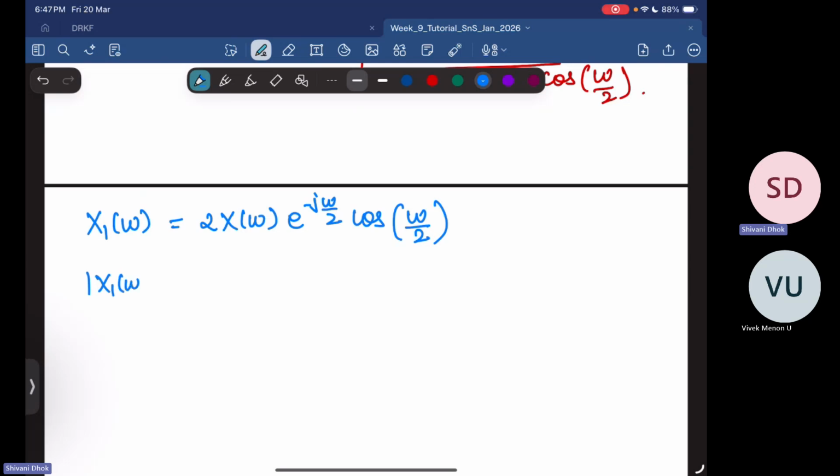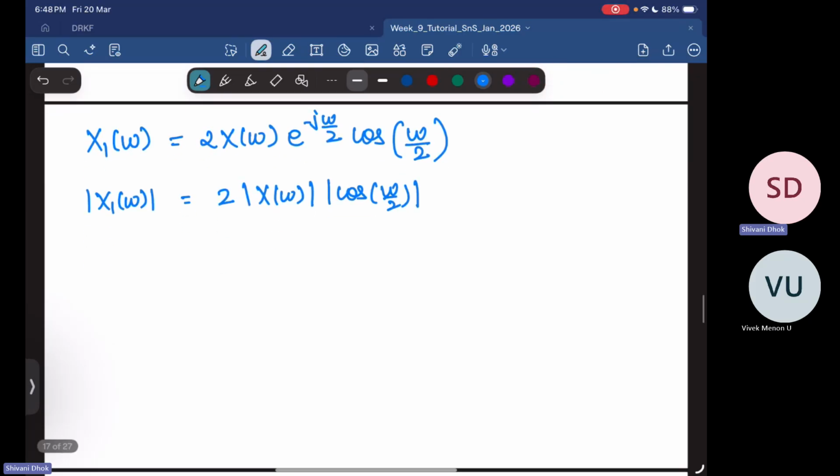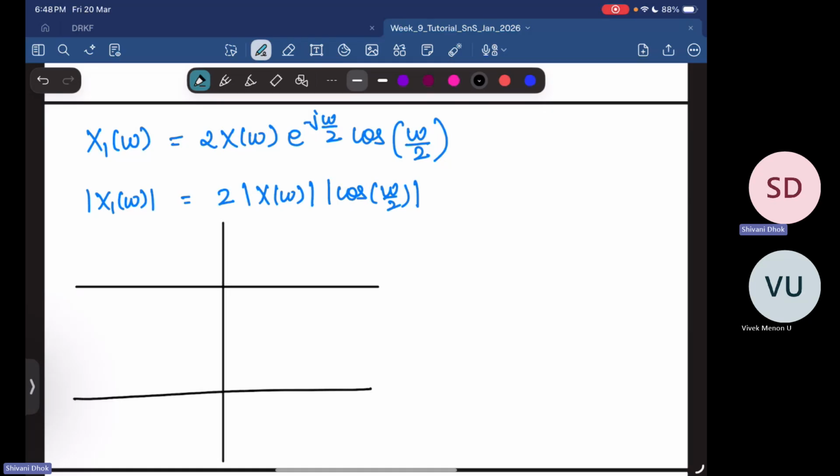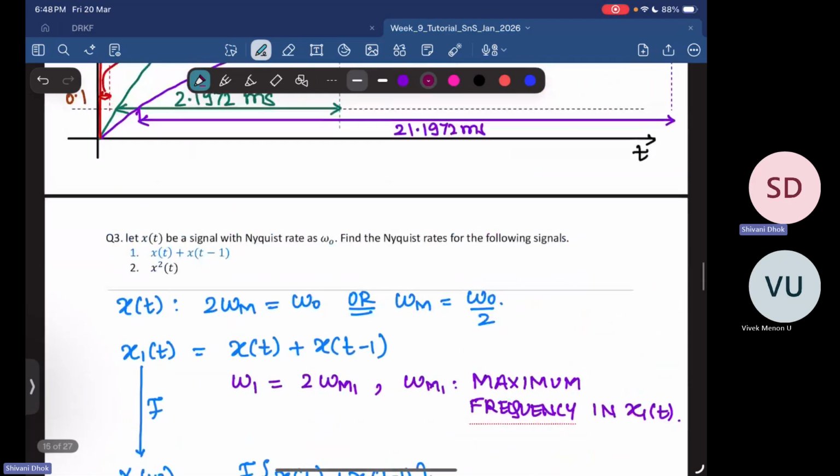So the magnitude of x1 of omega will be 2 times the magnitude of x of omega into the magnitude of cos of omega by 2, and the magnitude of e power minus j omega by 2 is equal to 1. We have two terms here. The magnitude of x of omega is band limited from minus omega m to omega m, as we saw.